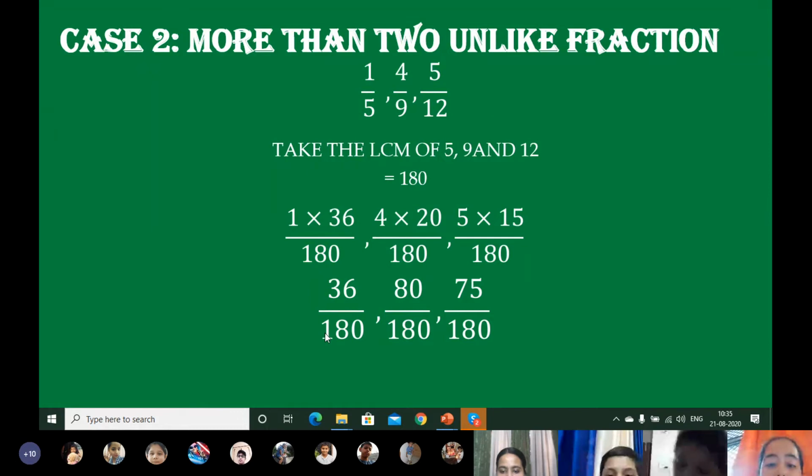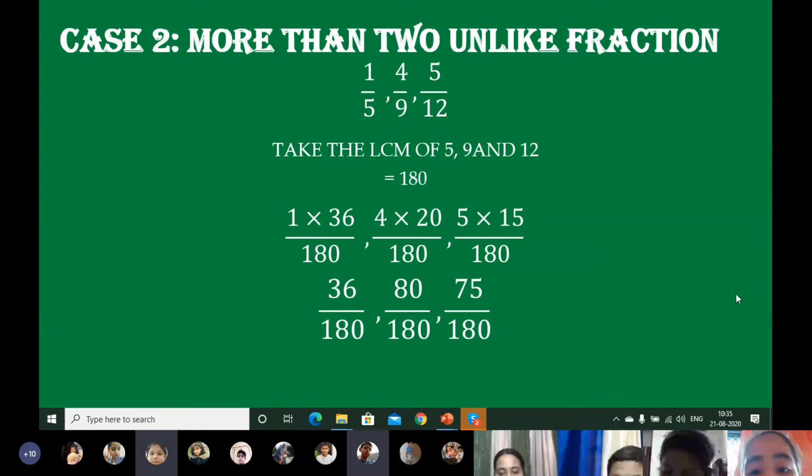These are all like fractions now, yes or no? Yes, ma'am, they are.